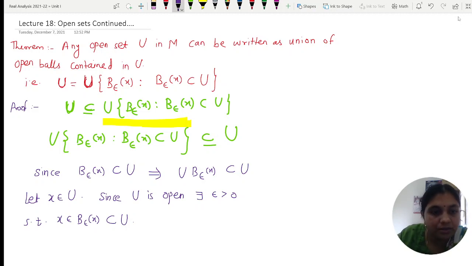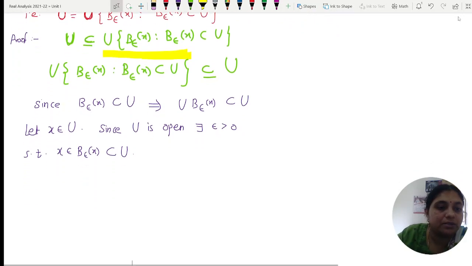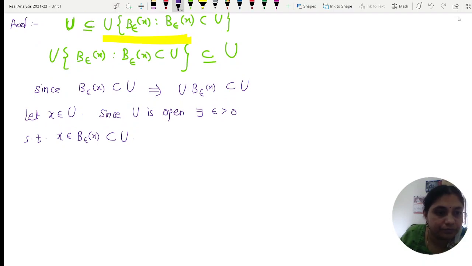So what does this imply? X belongs to B epsilon of X, which is contained in U, means X belongs to the union also.